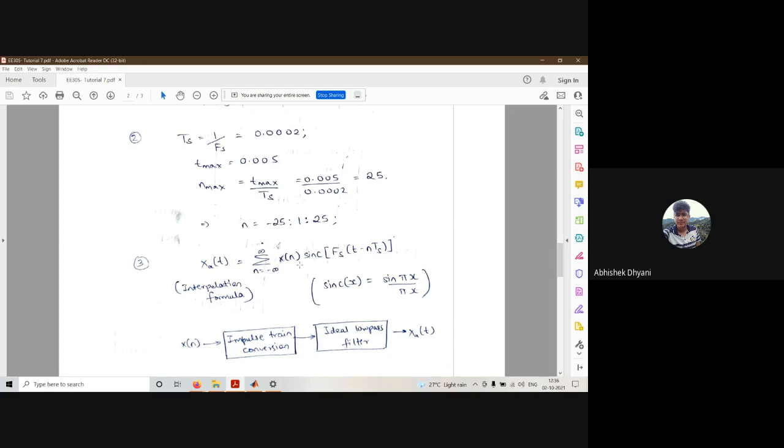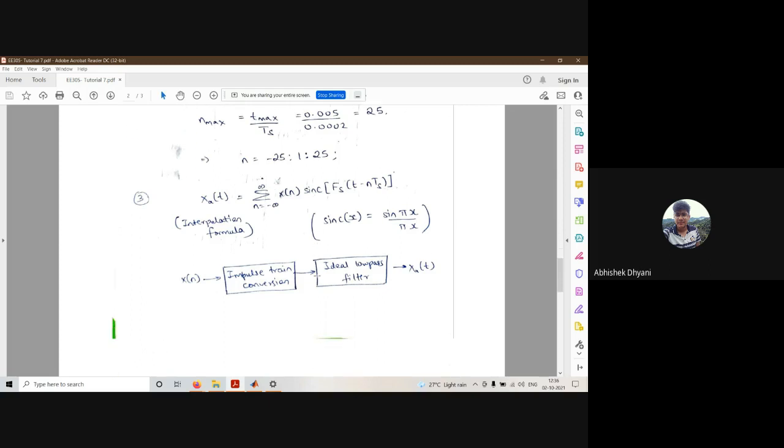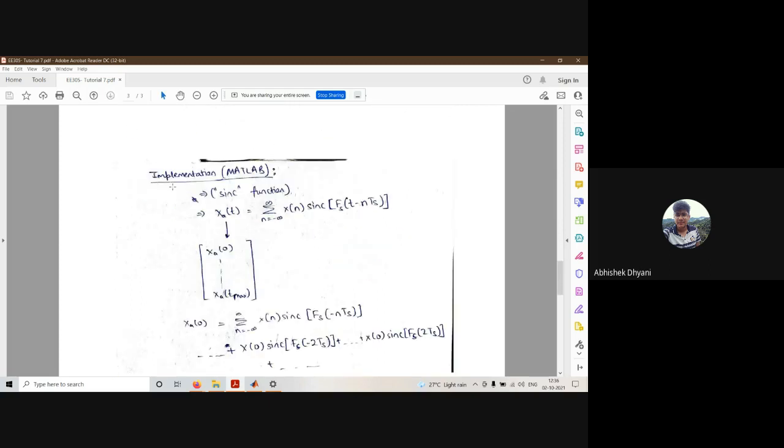That cannot happen. Because it is not practically feasible to have ideal interpolation, we will have to find a way to do it numerically. So to do that, we will make use of the Matlab function, which is the sinc function.